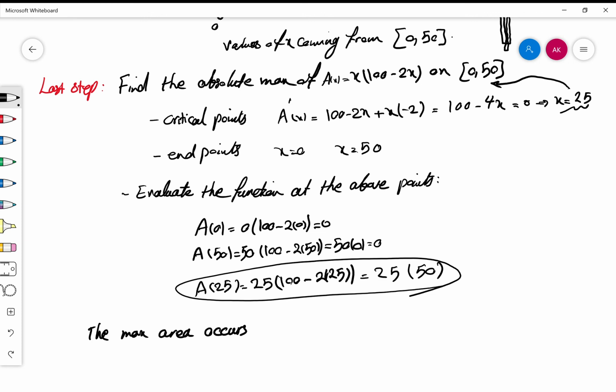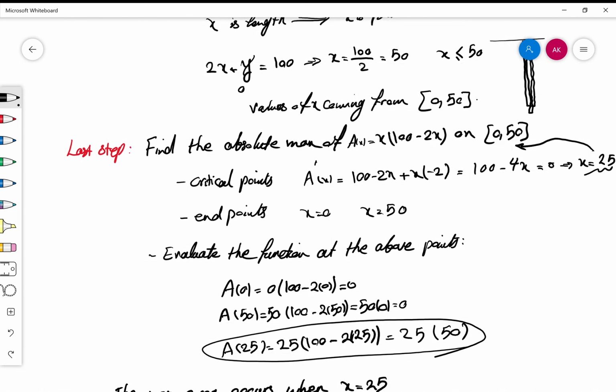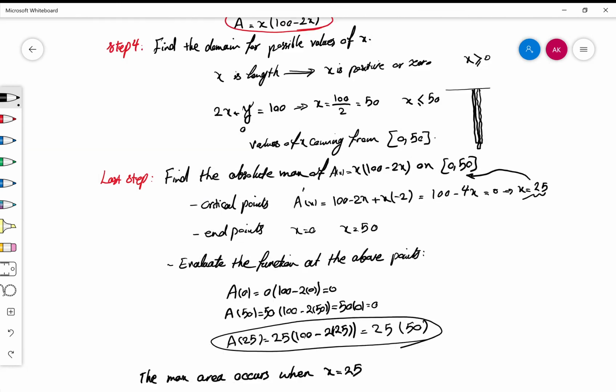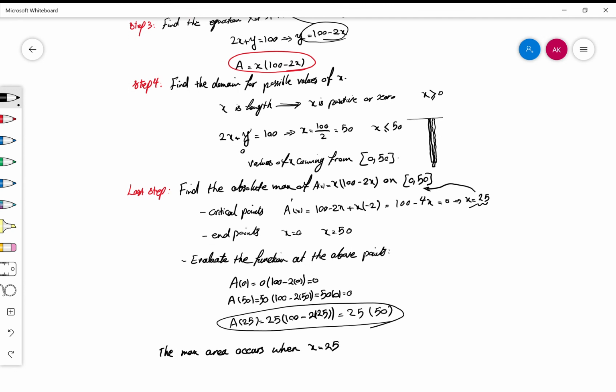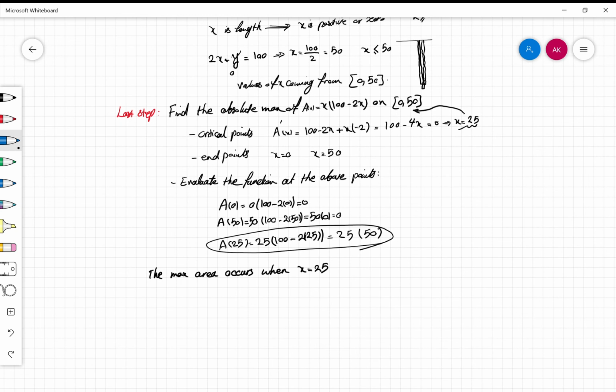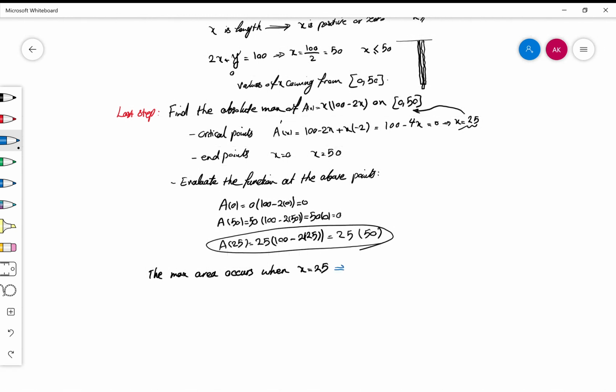occurs when x is equal to 25, and since we have x, we can use the relation between x and y here. This is the relation between x and y, and then we can say that y equals 100 minus 2 times 25, which is 50.